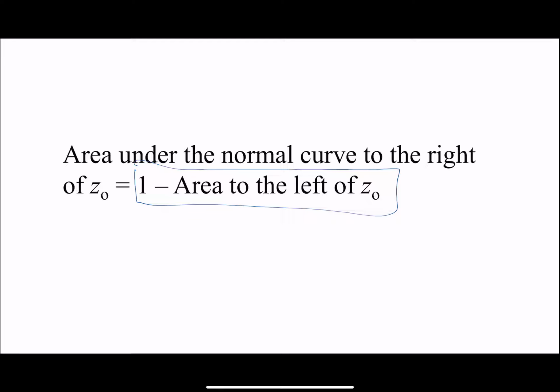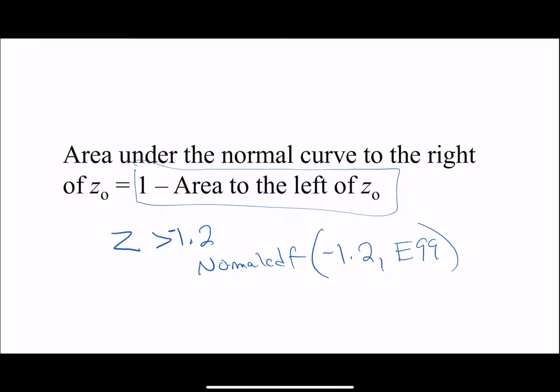Otherwise, for example, if I wanted z greater than negative 1.2, then I would do normal CDF, and then I would do negative 1.2 comma E99. So when you're using your calculator, you don't have to worry about that complement rule. Your calculator can do it for you. You only need to worry about that if you're using a z-table.